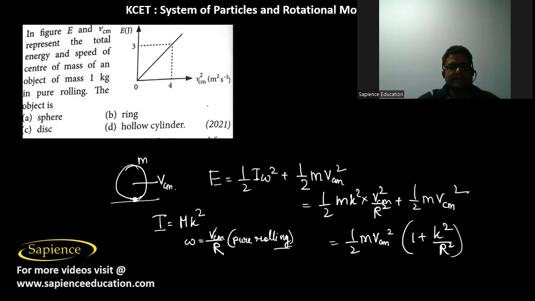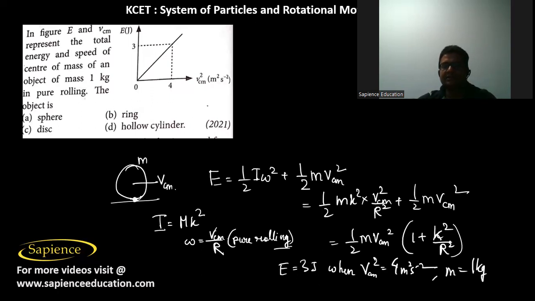Now here the mass m is 1. And here we can see from the slope that E is equal to 3 joule. The total energy is 3 joule when the value of VCM square is 4 meter square per second square, and the mass is given as 1 kg. So from here we can find out how much is k square by r square.